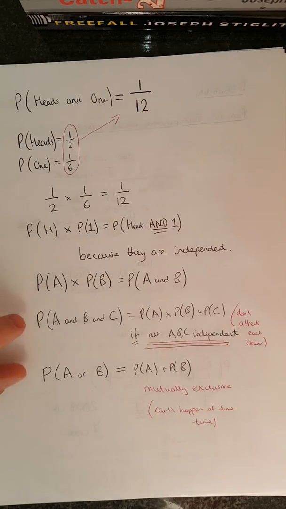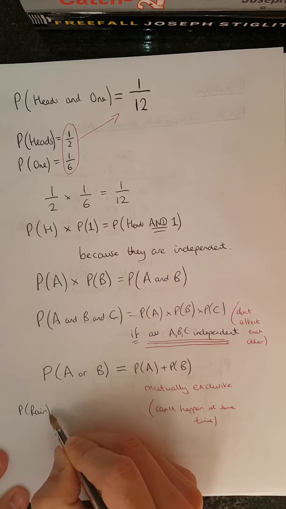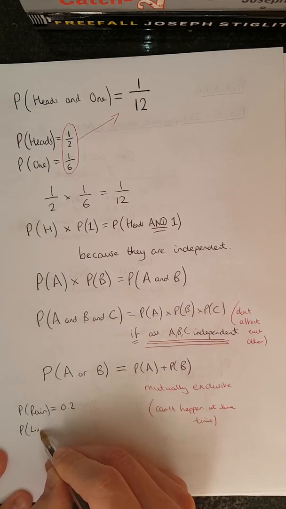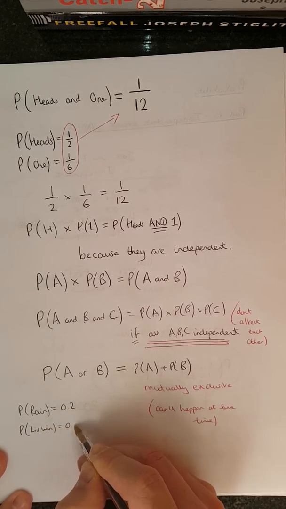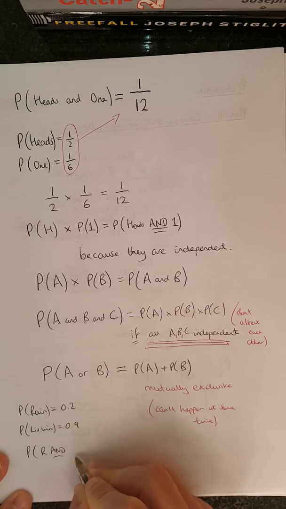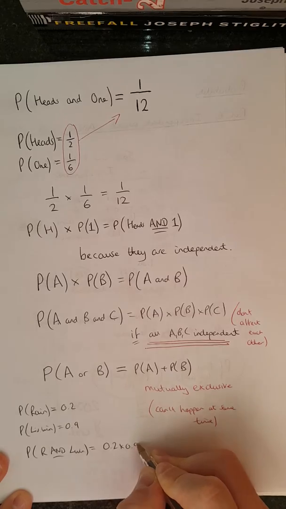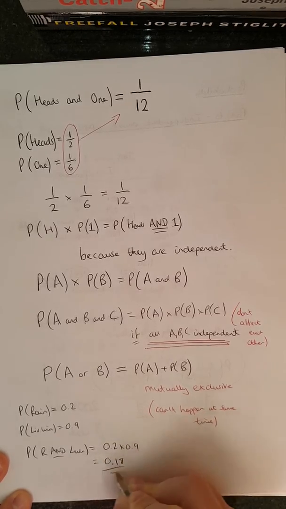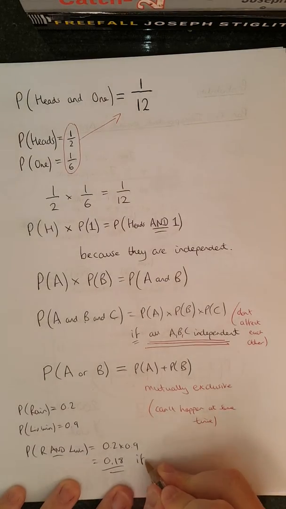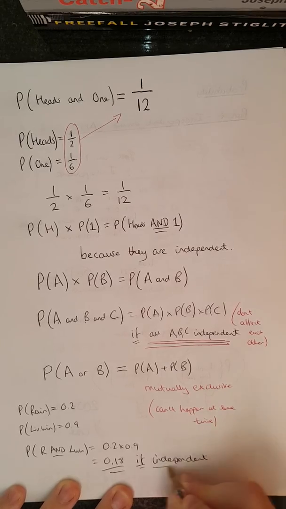So using this new rule about independence, if the probability it rains is 0.2 and the probability that Liverpool win is 0.9, the probability it rains and Liverpool win is those two probabilities multiplied together, if they are independent.